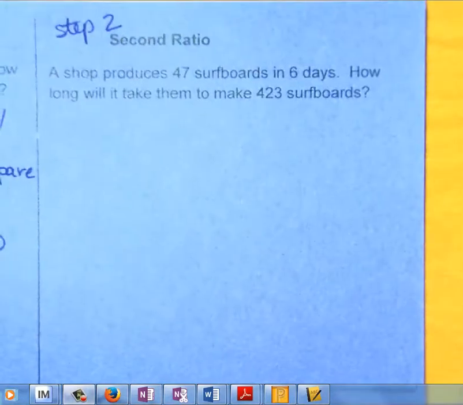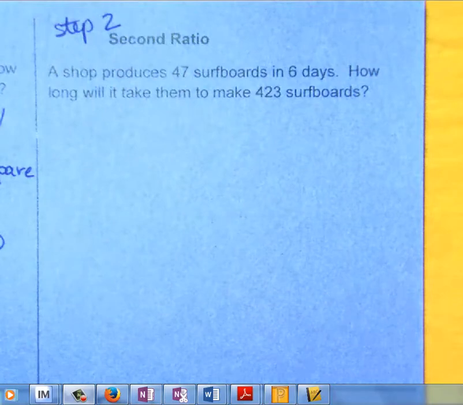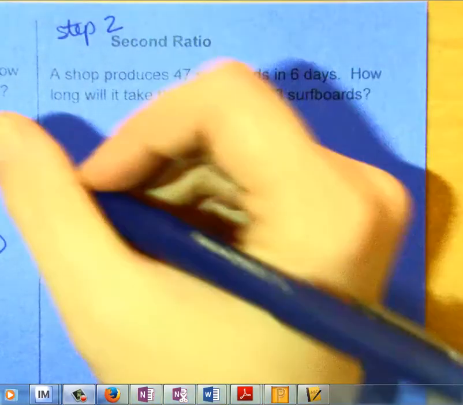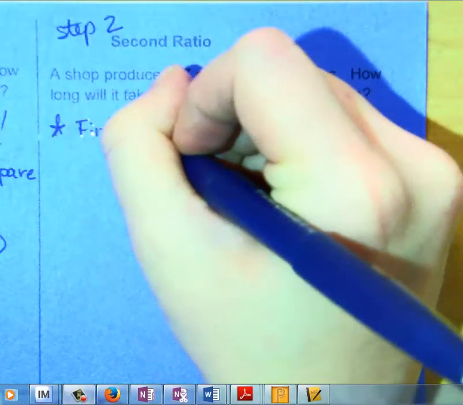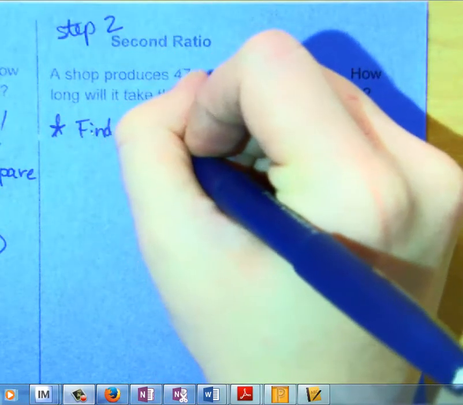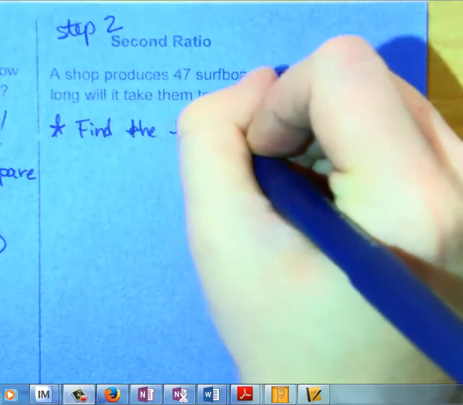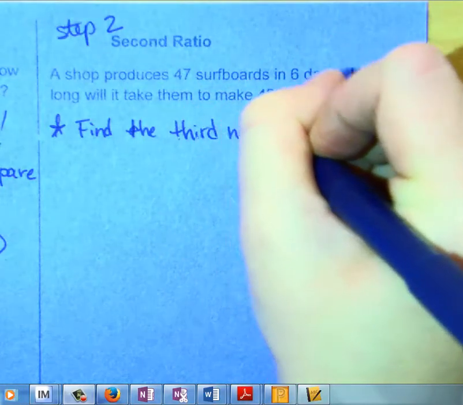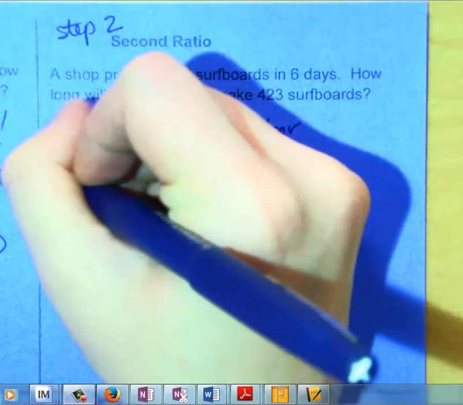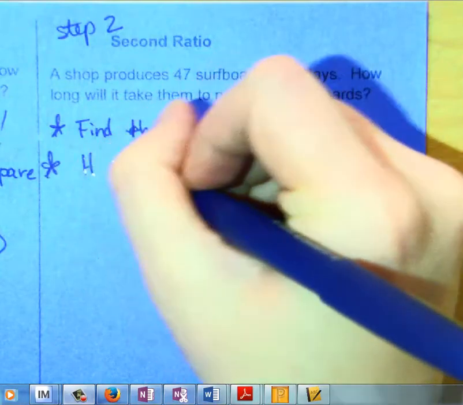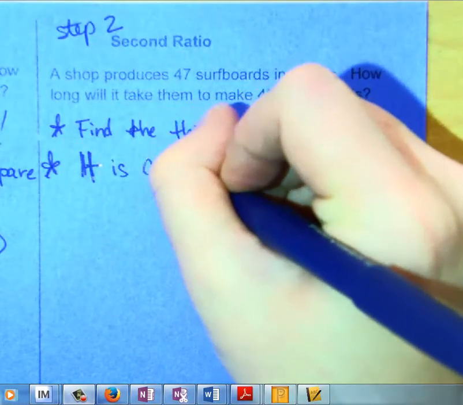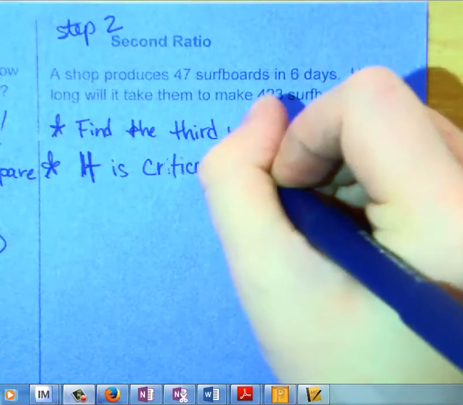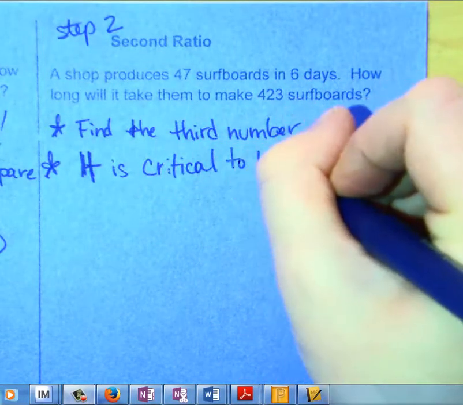Step 2. We're going to find the third number. It is critical to keep the ratios in the same order.